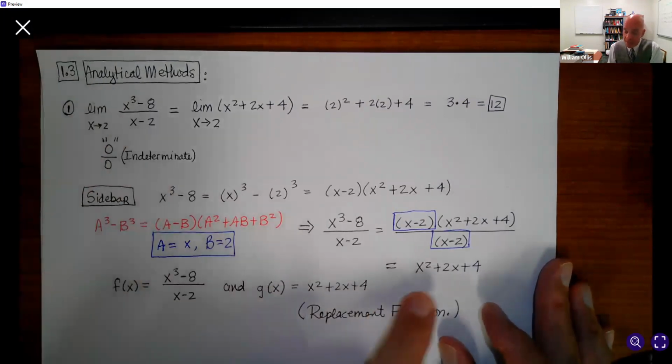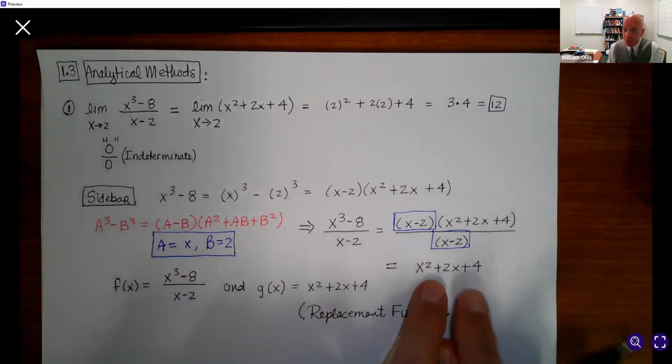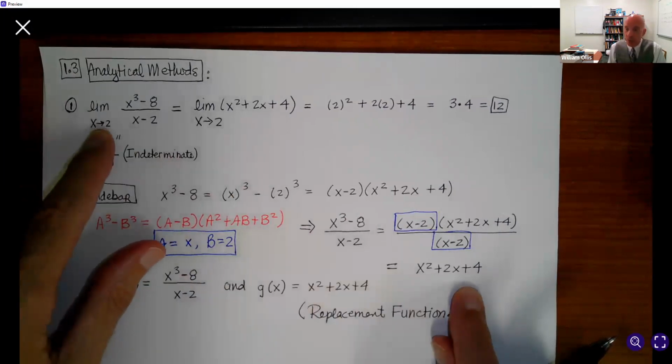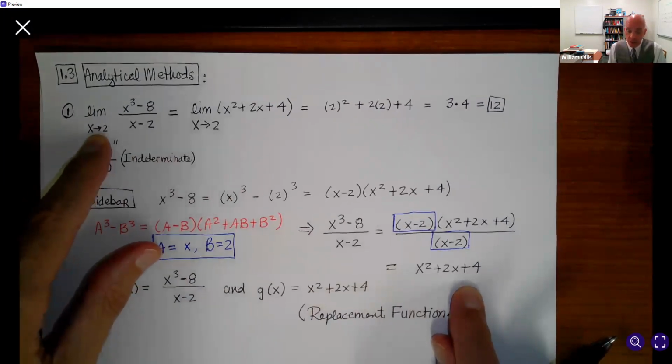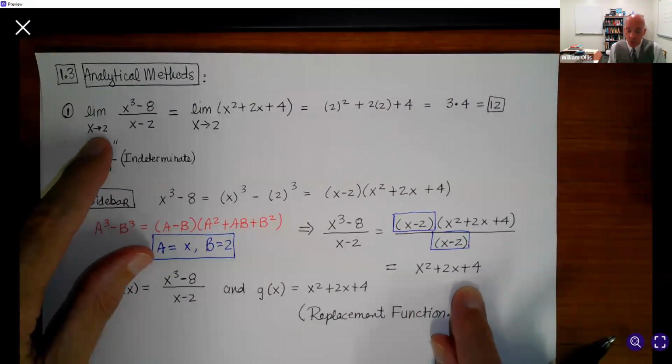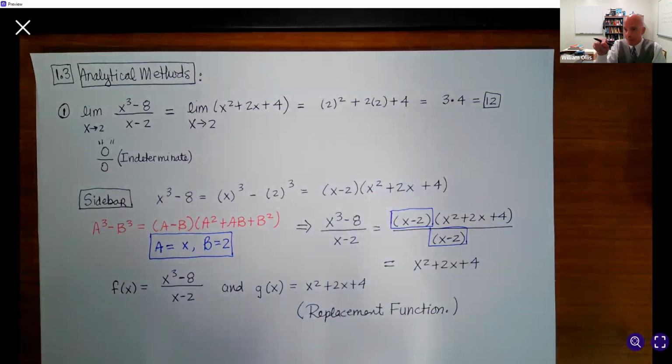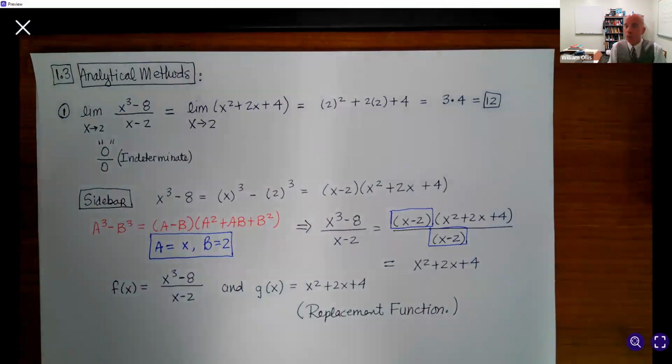Okay, so we see that the function mirrors this quadratic here. But at 2, the function is undefined. So if we were to mark the point 2, 12 on the graph, we would have a circle or a hole.